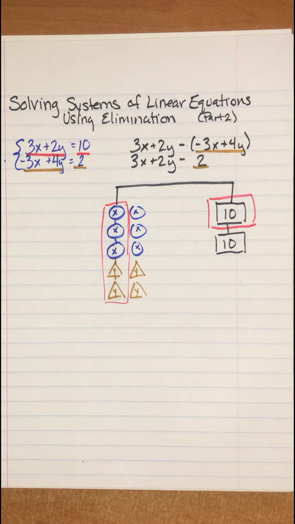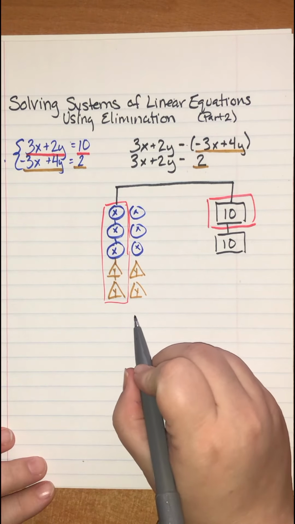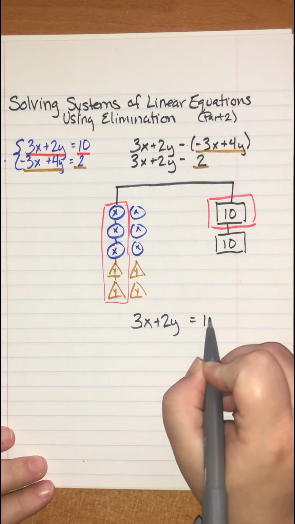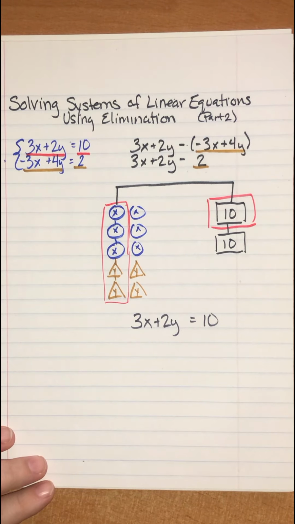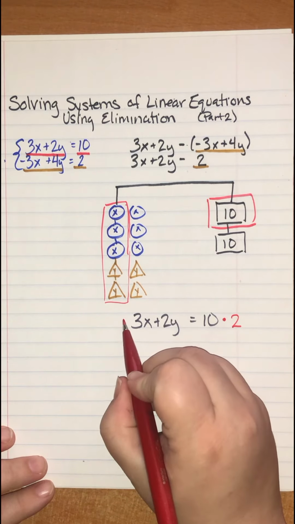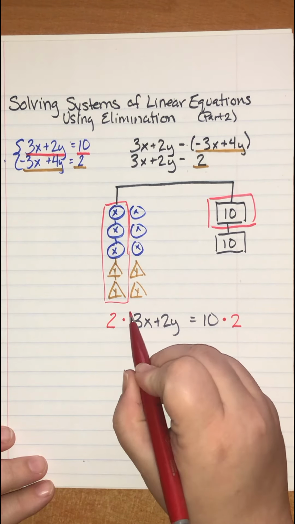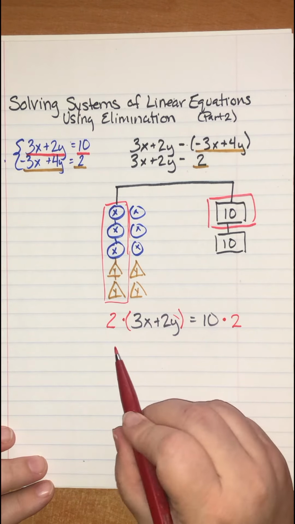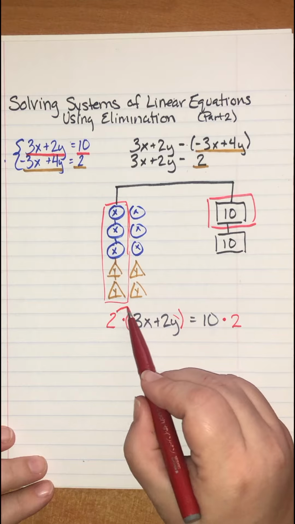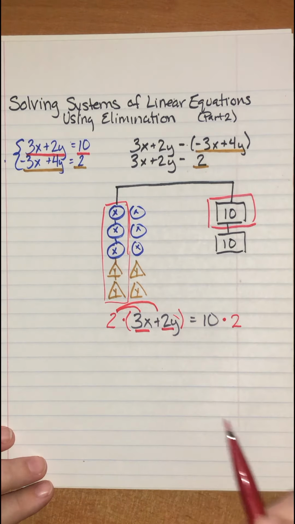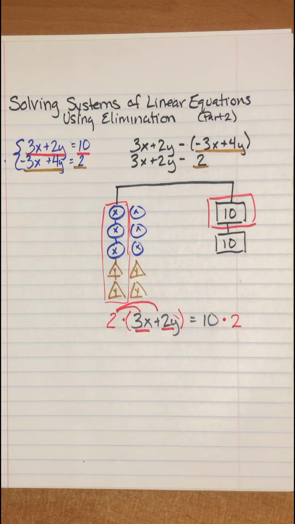We would represent this mathematically like this. So 3x plus 2y equals 10. And I said I am doubling it. So I'm multiplying it by 2 here, and I'm multiplying it by 2 here. Just remember to put the parentheses around this expression, so you know that when we do multiply, this 2 gets distributed to each term in that expression.